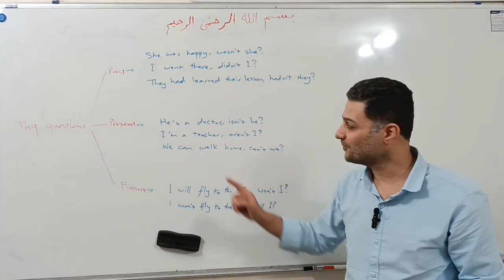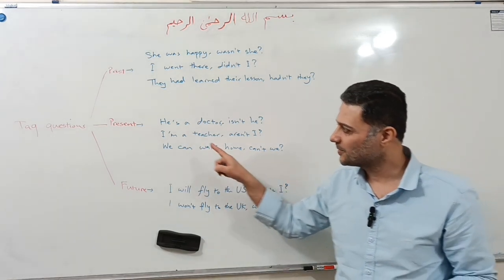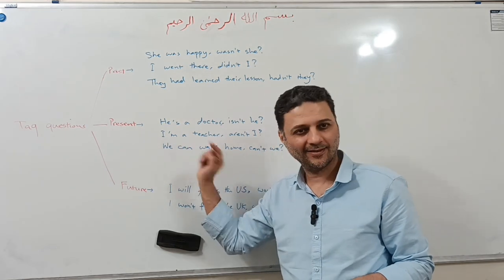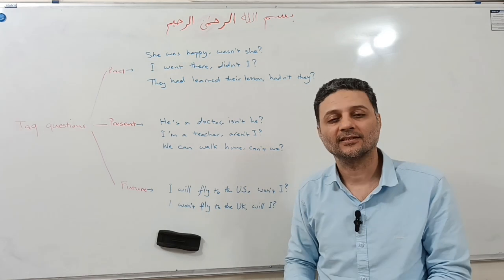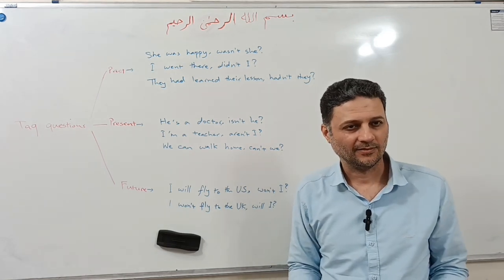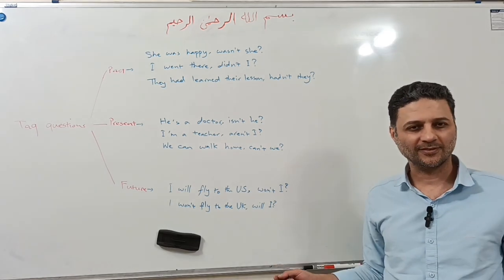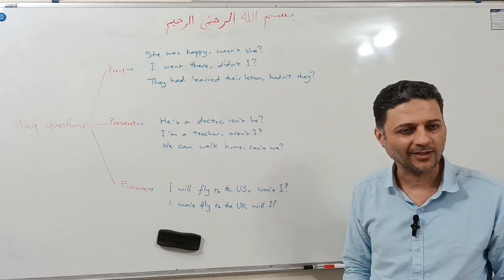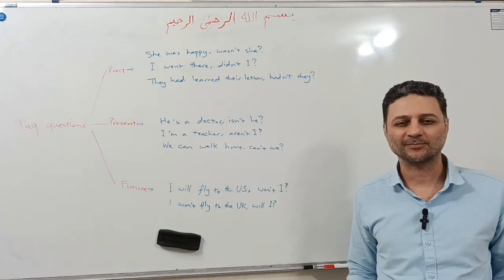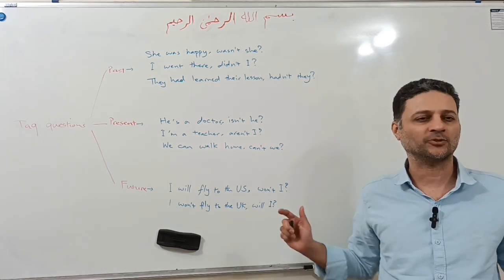But I give this example on purpose. In the present form, whenever we have I'm, because we don't have amn't in English. All across English books and literature and heritage, the more you search, the less you find anything like amn't, because it doesn't exist in the whole English world, okay?